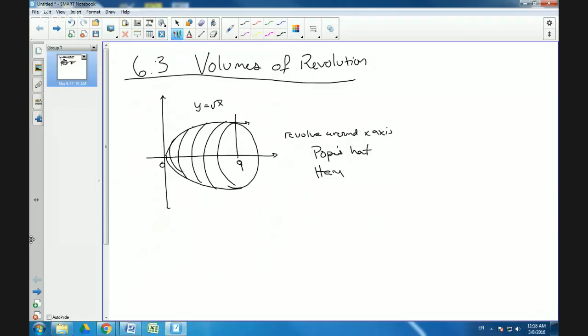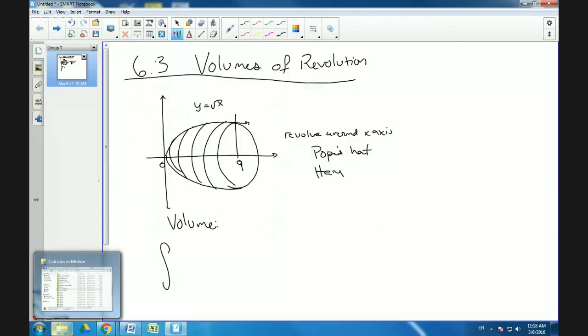If I were to calculate the volume of that shape, what shape does this make? It makes a circle, correct?